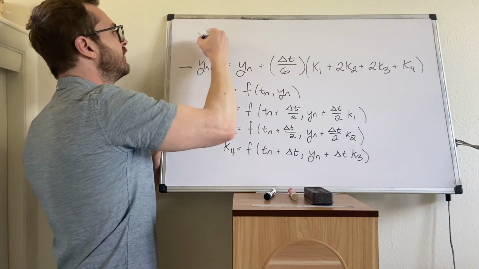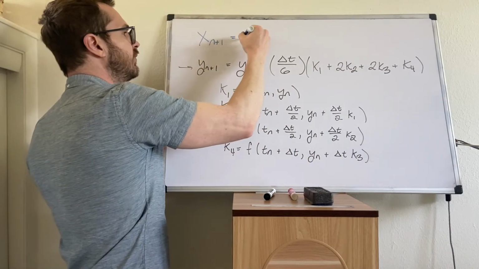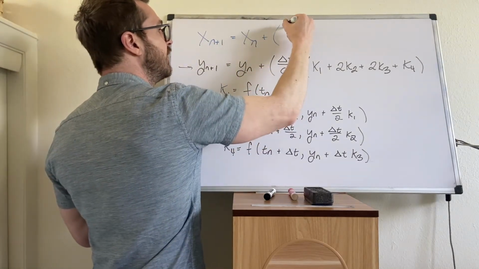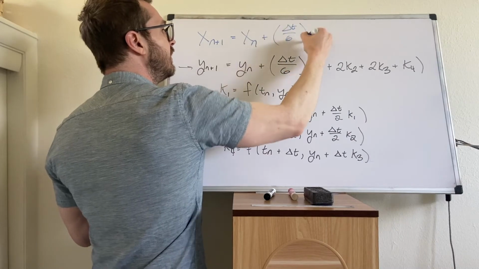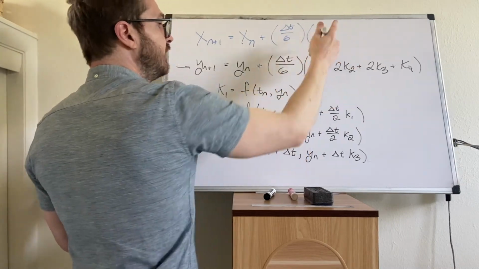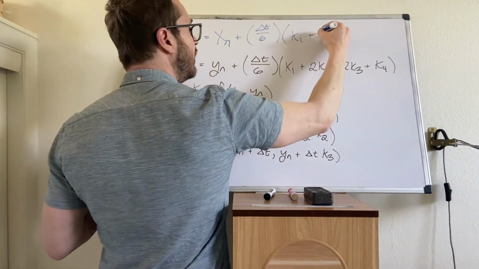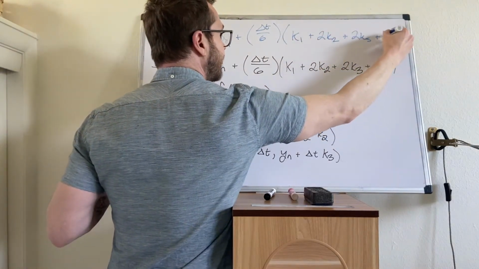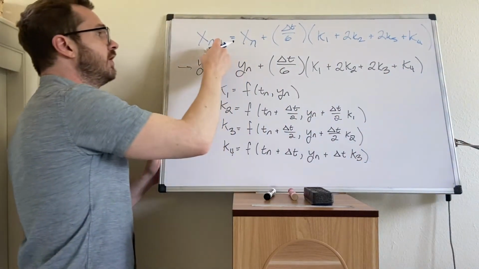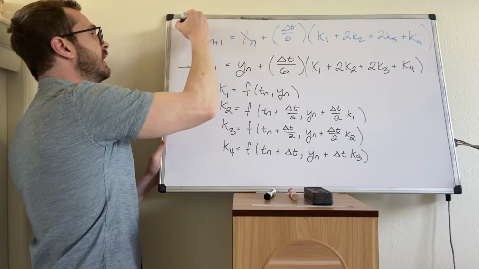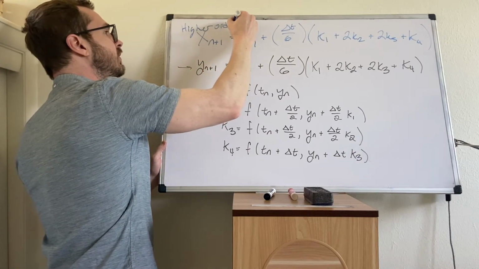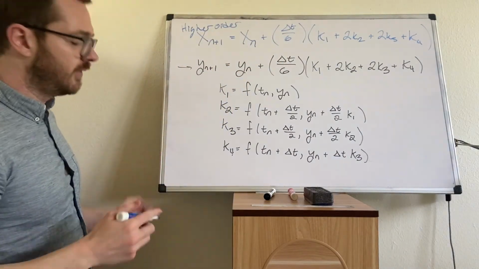So x n plus 1 is going to equal x n plus delta t over 6, times k1, 2k2, 2k3, k4. Okay, so the one on top would be the higher order Runge-Kutta. And what's the difference?